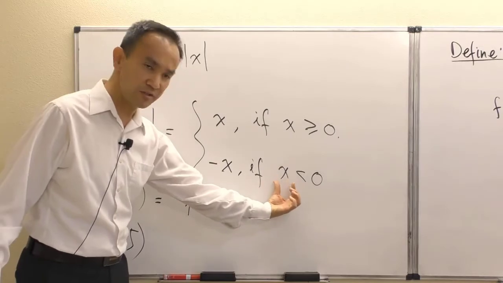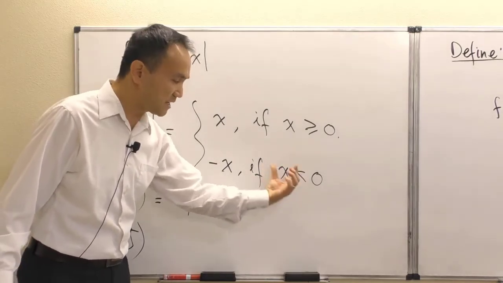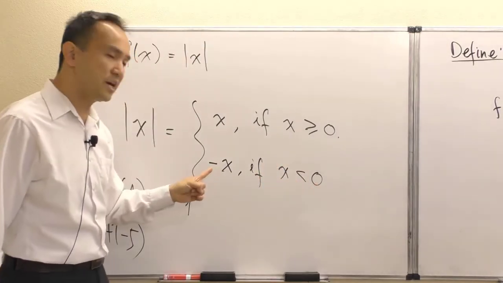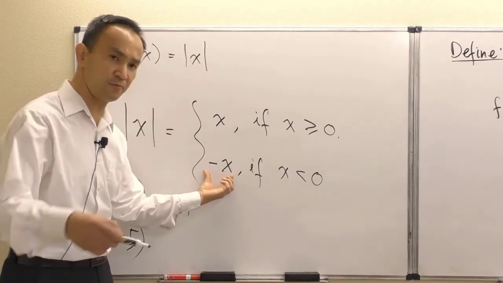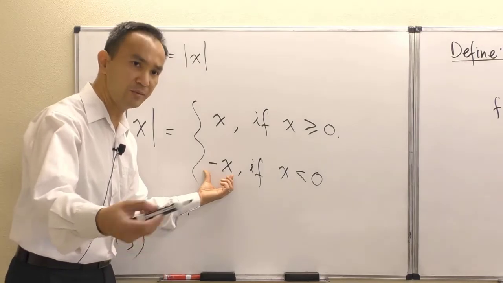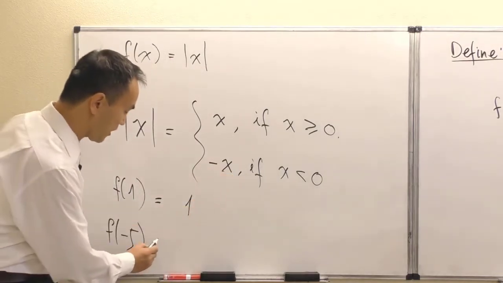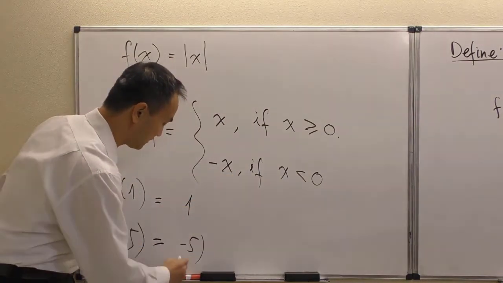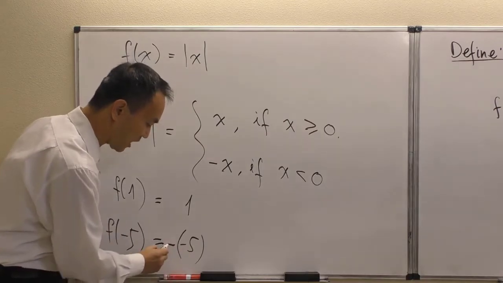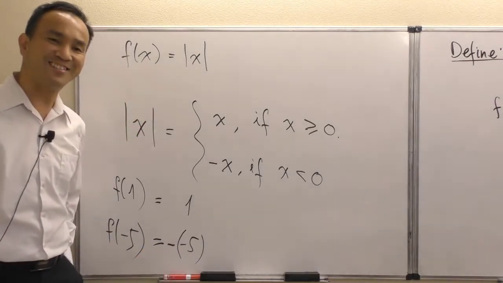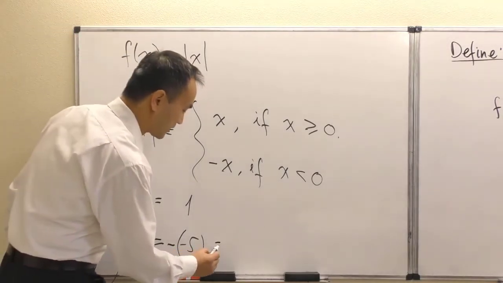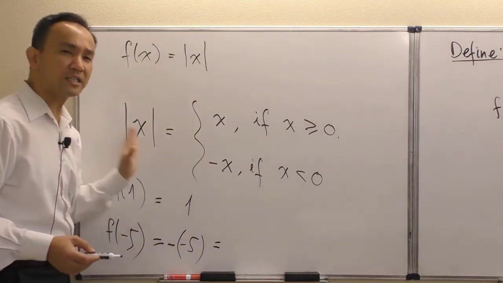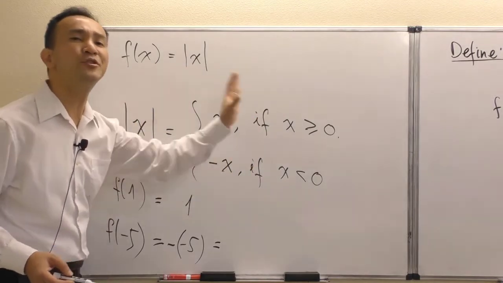If we have selected a negative input, then the rule says we have to take the opposite of the input to be the output. So negative 5 is the input, but we have to take the opposite of that. That's how it's been working the whole time so far, and this is the way to understand absolute value a little more maturely.